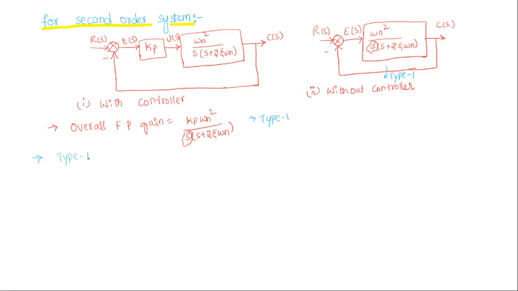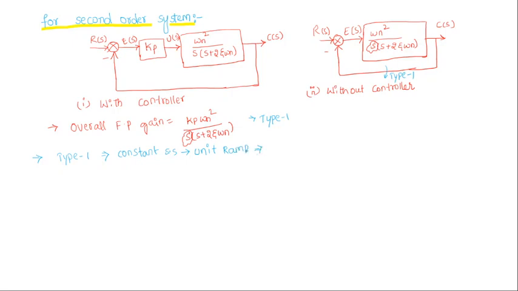For type 1 system, we get a constant steady state error only when the input is unit ramp.